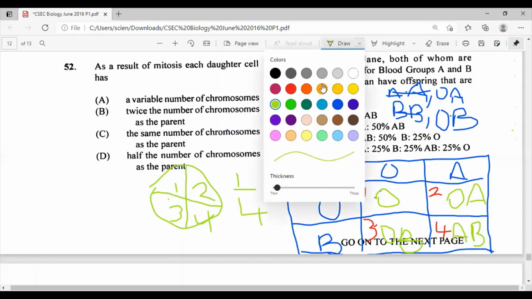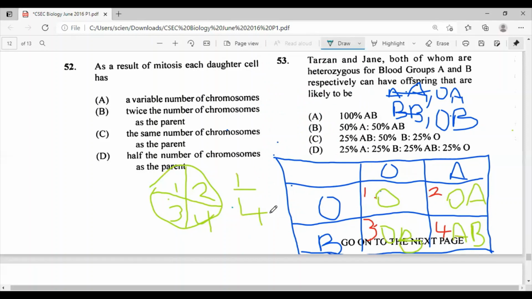All of them have an equal possibility of being the offspring genotype. All right, so that's how I got the 1/4. So if I were to choose the first one, it's 1/4. That's 1 child out of the 4 possibility. It's the same thing if I were to choose OA. That's 1 child out of the 4 possibility.